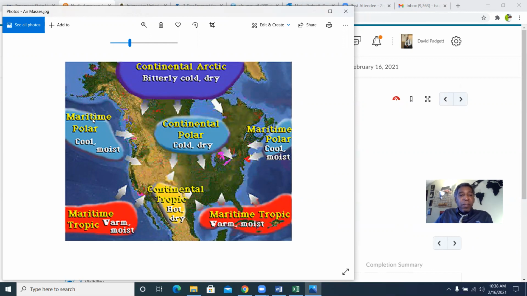The West Coast is influenced largely by this maritime polar air mass, and so that's why we see places like Seattle being very cloudy and relatively cool. San Francisco, California, Northern California is very different in terms of climate from Southern California because of these different air masses. Notice Southern California is influenced either by the continental tropical air mass or in some cases the maritime tropical air mass.